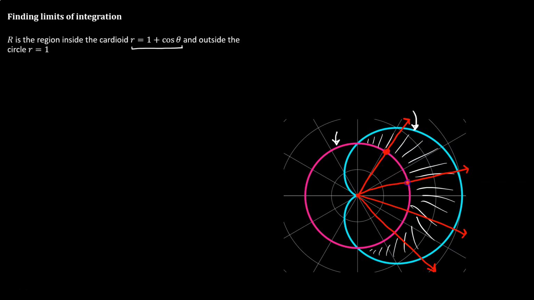So I can see that each of the rays I've drawn started to go into the region once we passed the pink line. So our lower bound comes from that circle R equals 1. The upper bound, that's where the ray exits our region. I can see each one of the rays I've drawn has exited along the cardioid. So the 1 plus cosine theta will be the upper bound for R.